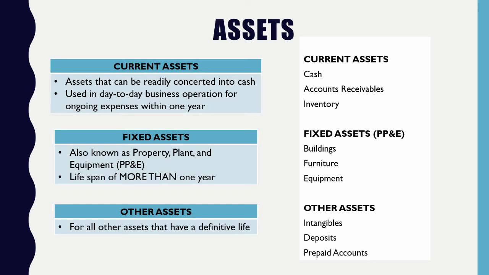Now when we look into fixed assets, another key component for a fixed asset is it has a life, or longevity to it. They usually last more than a year. Fixed assets are also known as property, plant, and equipment, PP&E.